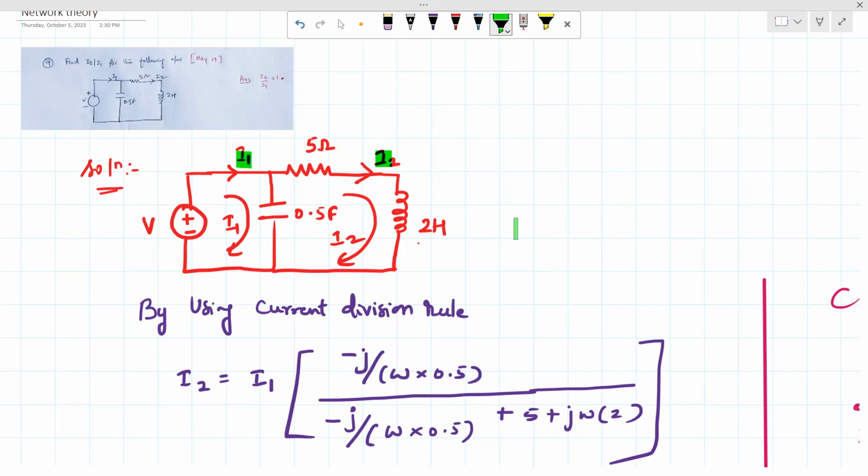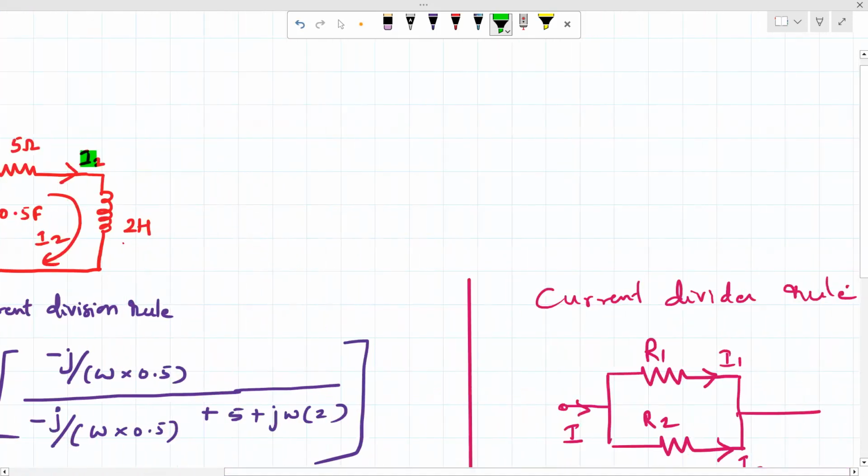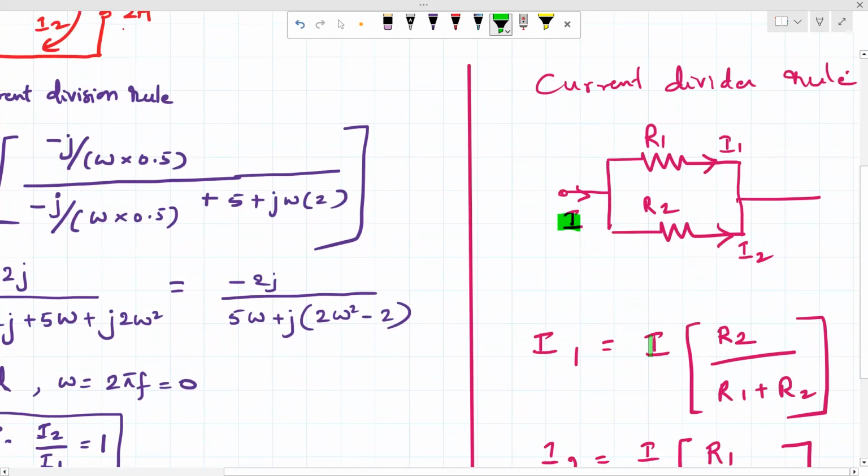This can be calculated by using the current divider rule. So let me tell you what the current divider rule is. If there are two resistances in parallel, and there is a total current which is dividing between the two branches I1 and I2, the branch current is given by the total current into the resistance of the other branch divided by the total resistance.